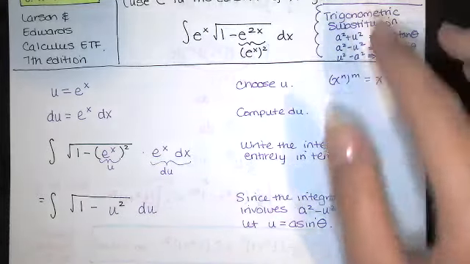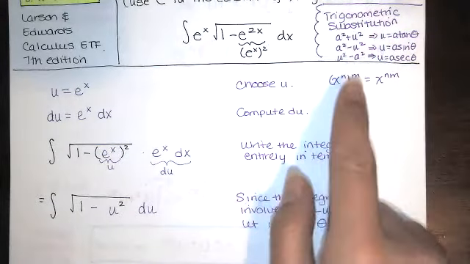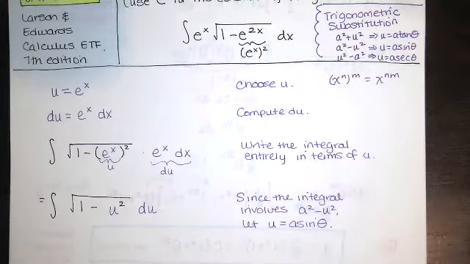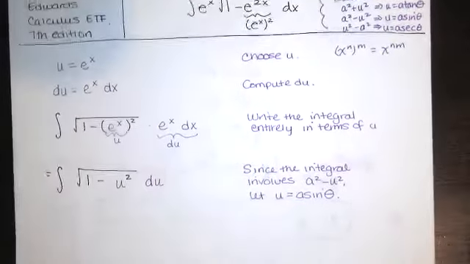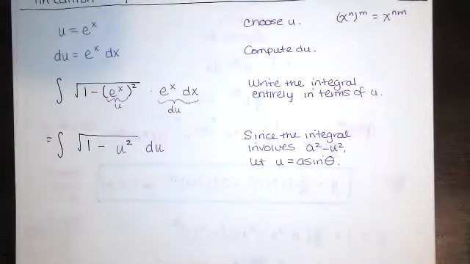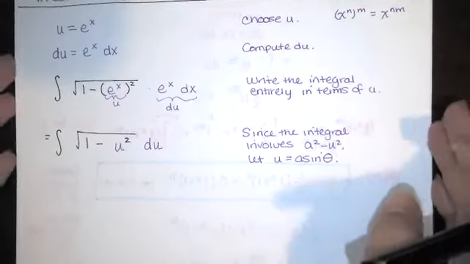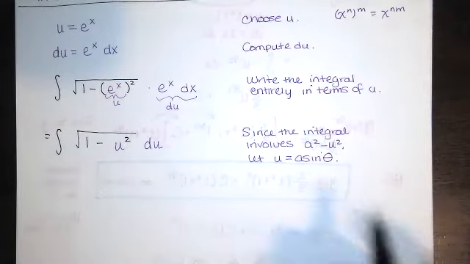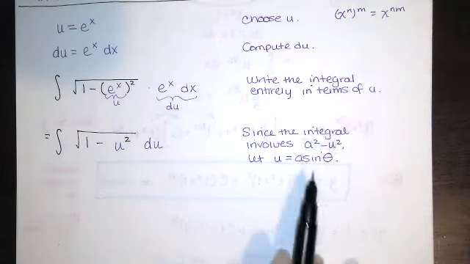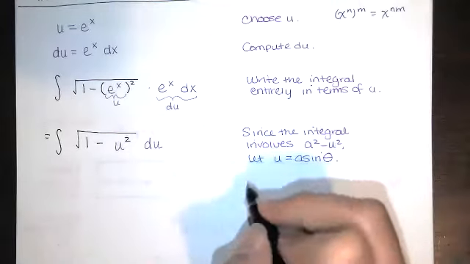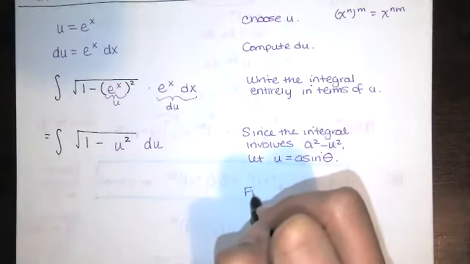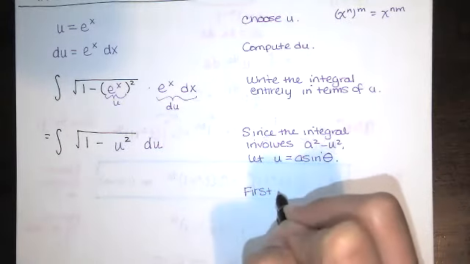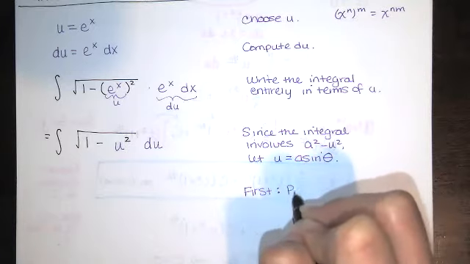So don't worry about memorizing these, just make sure that you can follow these directions if they're provided for you. And remember, those are going to be provided for you on our Blackboard site or on the website for this material. Okay, so we're making this substitution. And the first thing we do whenever we do a trig substitution is we prepare to substitute.